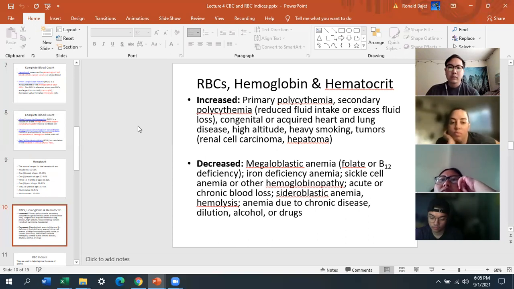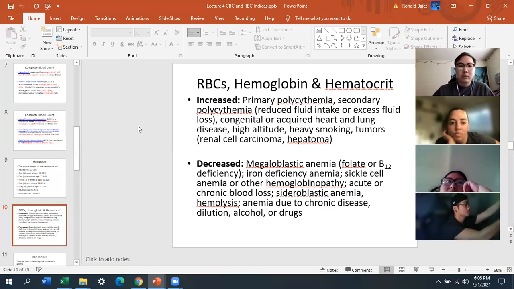Iron deficiency, you can have megaloblastic anemia, but you see the whole spectrum, but you can get large RBCs in iron deficiency anemia, sickle cell anemia, and other hemoglobinopathies, acute or chronic blood loss, sideroblastic anemia, hemolysis, anemia due to chronic disease, dilution, alcohol, and drugs. There's not much red in here because I'm going to be talking about these conditions specifically in upcoming lectures. Okay.